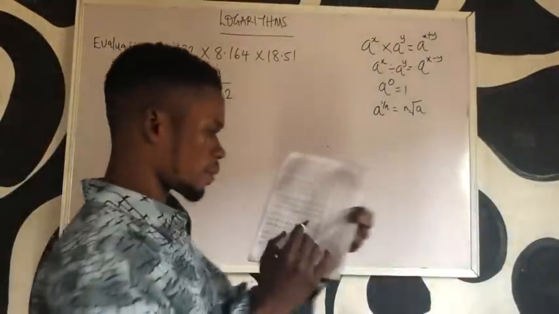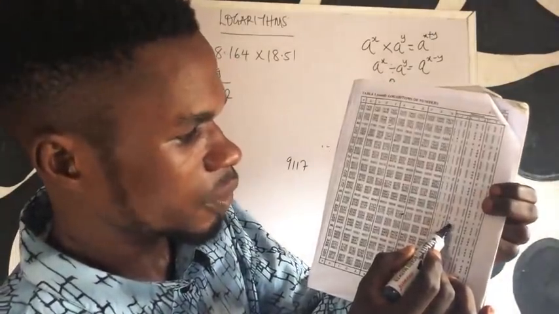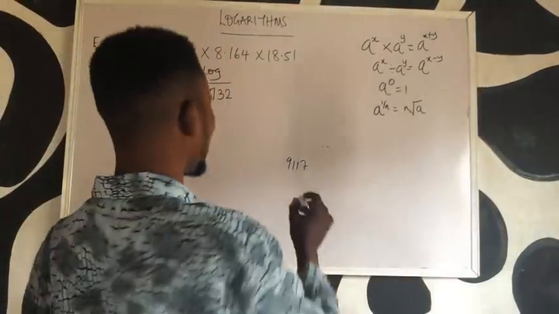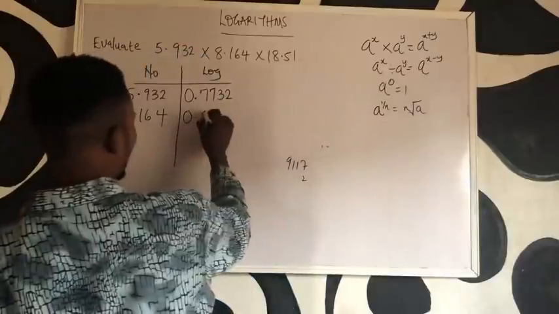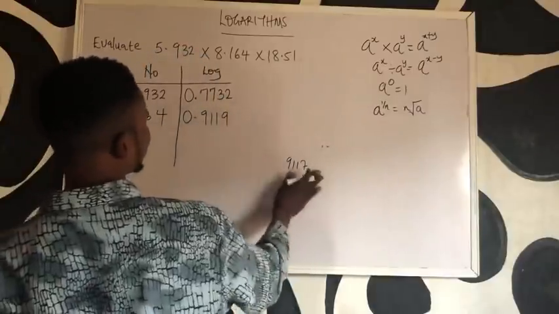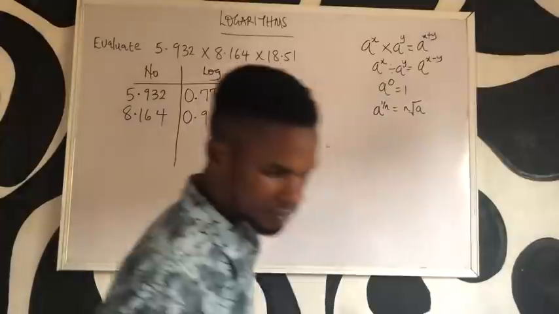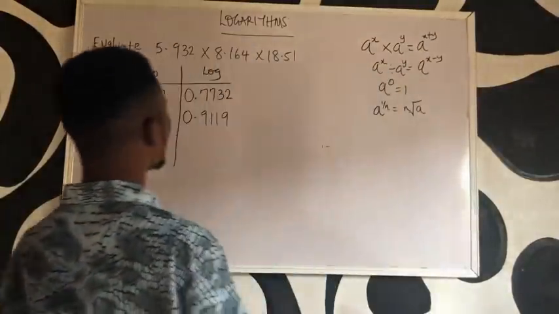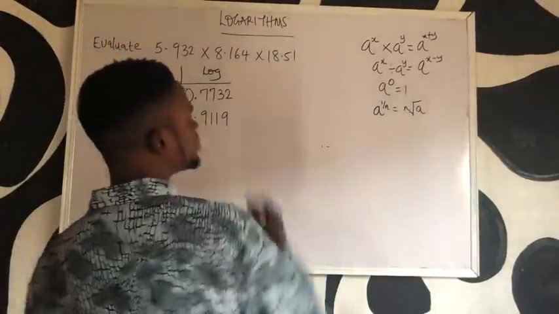Then difference 4. The difference there is 2. We add that, which gives 9119. Okay. The third number is 18.51.